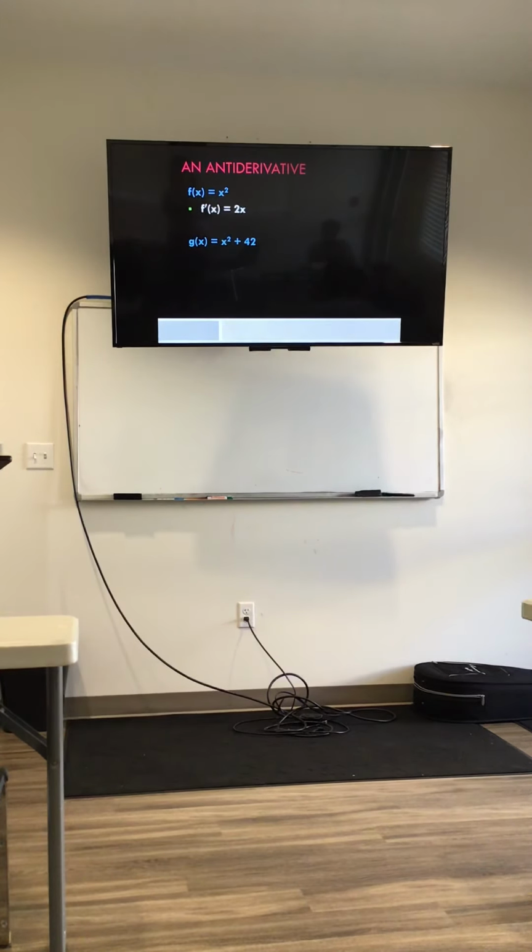If I give you this question, that h of x was x squared minus 165, what is the derivative of that question? It's 2x. Well, in our questions today, they're going to say the derivative is 2x. You have to give the original problem. Well, which one of these am I supposed to get? The x squared plus 42, the x squared minus 165? It doesn't matter. They all work in the question.